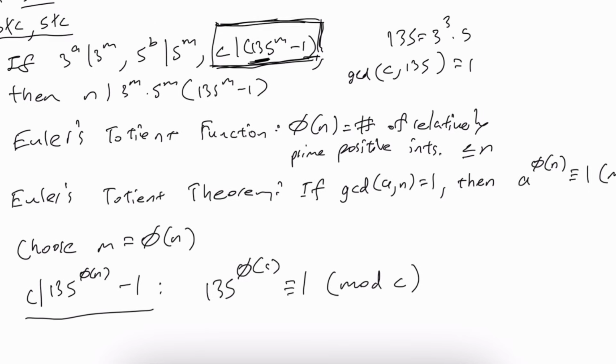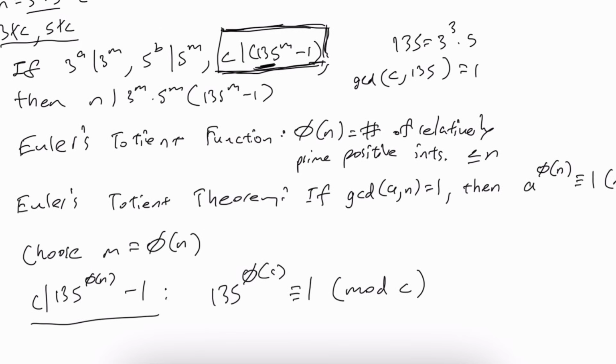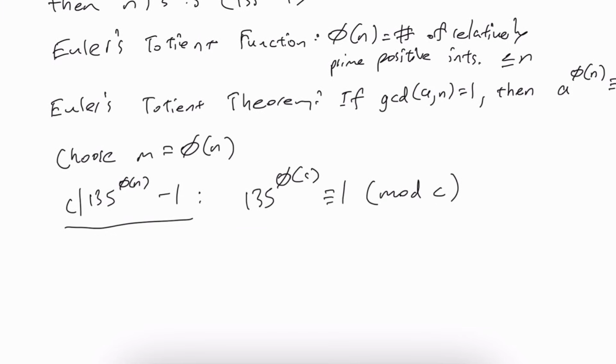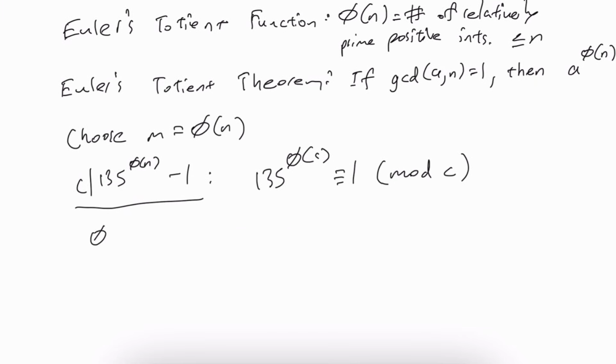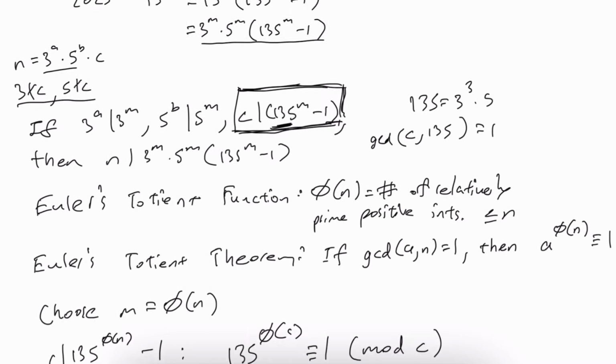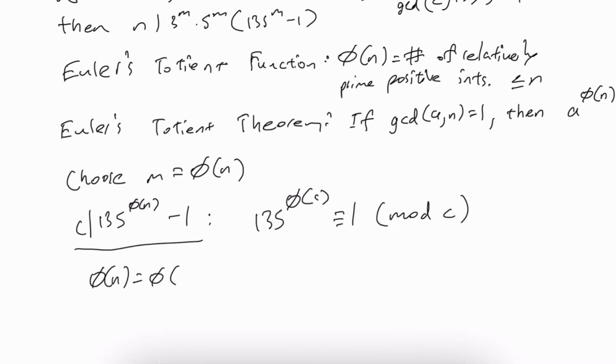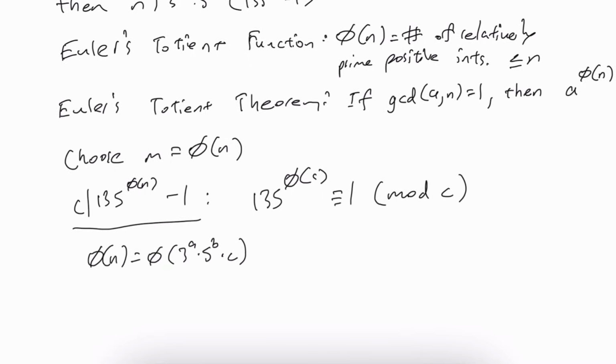But the thing about Euler's totient function is that it's multiplicative. So what that means is we have that phi of n is equal to phi of, how we wrote it before, 3 to the a times 5 to the b times c. And by multiplicative, I mean that this is equal to phi of 3 to the a times phi of 5 to the b times phi of c.